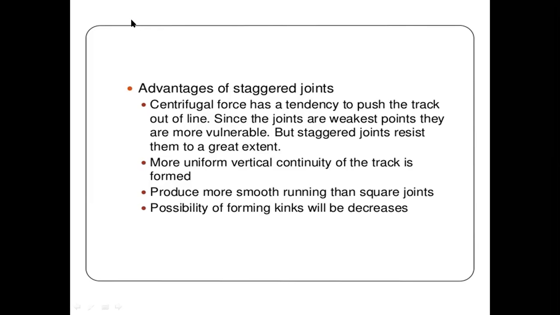So the joint is seen in the middle of the opposite rail. These joints have much more tendency to resist the centrifugal force that pushes the track out of line.